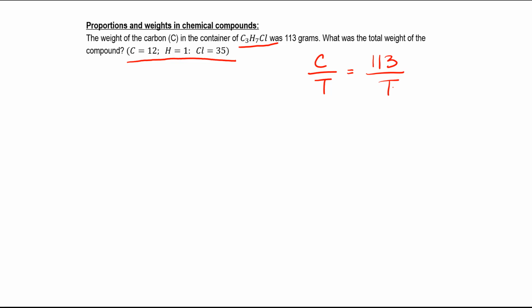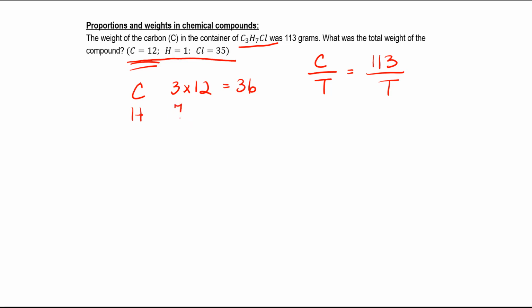Okay, so to figure that out, we need to know what is the proportion of carbon to total in weight for each molecule. All right, so they tell us that carbon has an atomic weight of 12. So let's just look at the molecule. So we've got 3 atoms of carbon. So that's going to be 3 times 12 for 36. And then we have 7 atoms of hydrogen.